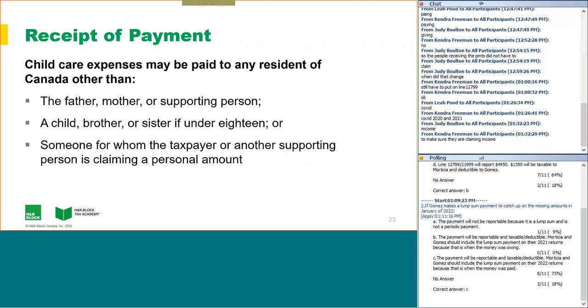So that one becomes relevant when you have elderly relatives. If you're claiming a caregiver amount for an elderly relative, and that elderly relative is also providing childcare for you, and you're paying them, then in that circumstance, you don't get to do the childcare deduction because they're a dependent. So the fact that you're paying them means you have to pick. Do you want the child care expense or do you want the caregiver amount?